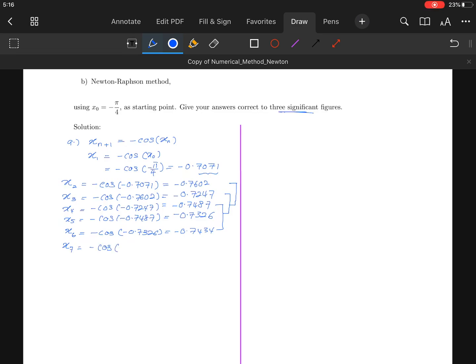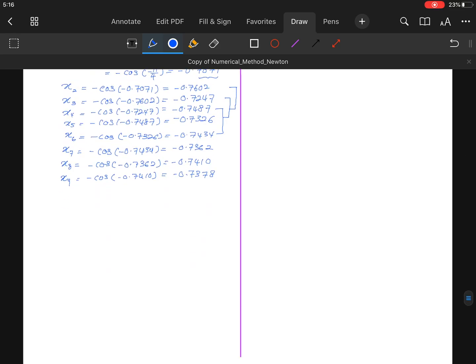So cos of negative 0.7434 will give you negative 0.7362. Next, x8 will give you, repeating this, from 0.7362 negative 0.7410. Then x9, substitute 0.7410, goes to negative 0.7378.